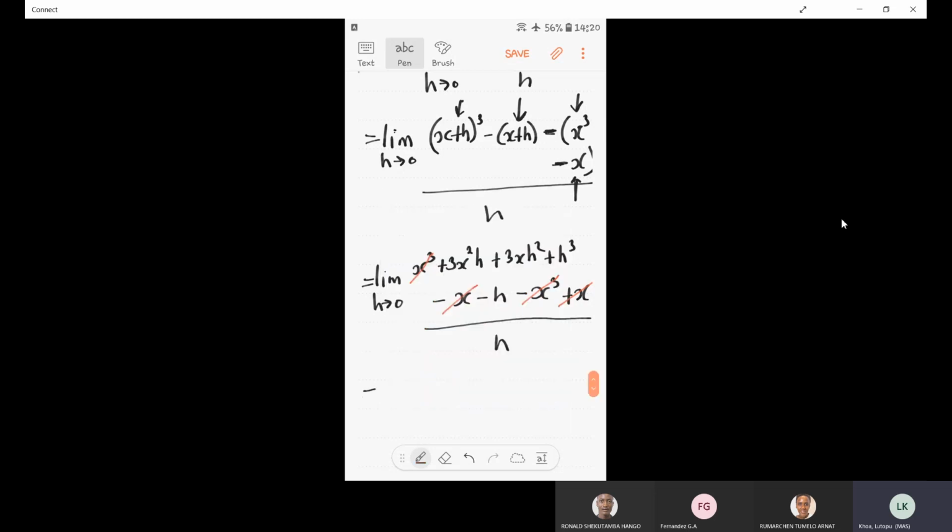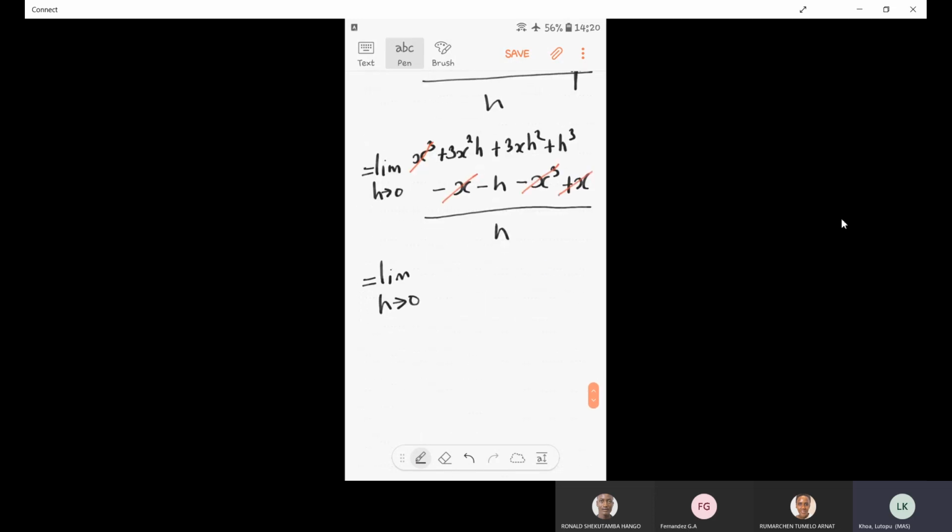So this is the limit as h goes to 0. Now what I have left is 3x squared h plus 3x h squared plus h to the power of 3 minus h. Okay, that's everything. Then you divide by h.